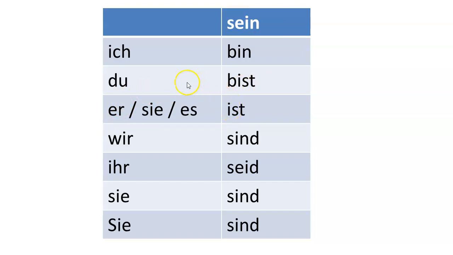Er ist, he is. Sie ist, she is. Es ist, it is. Wir sind, we are. Ihr seid, you are. Sie sind, they are. Sie sind, you are. Remember, speaking formally to one or more people.